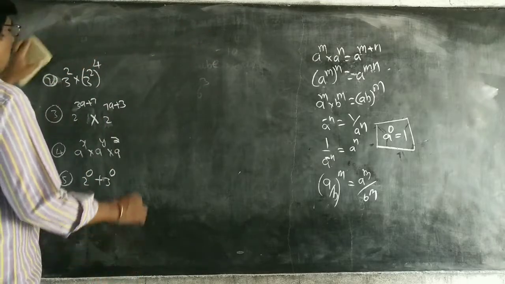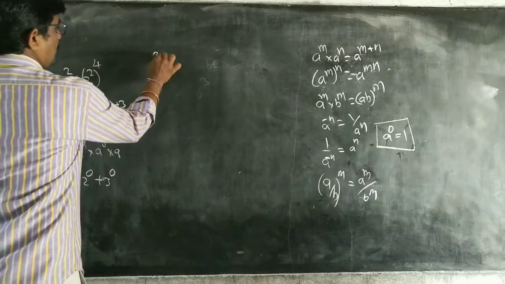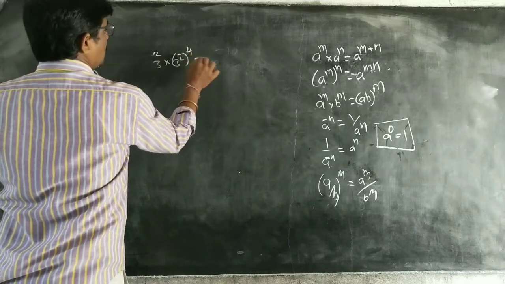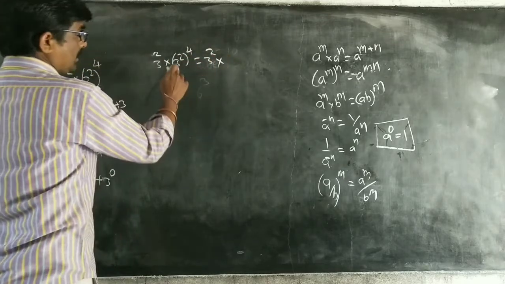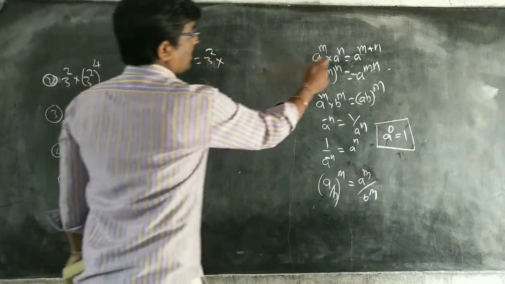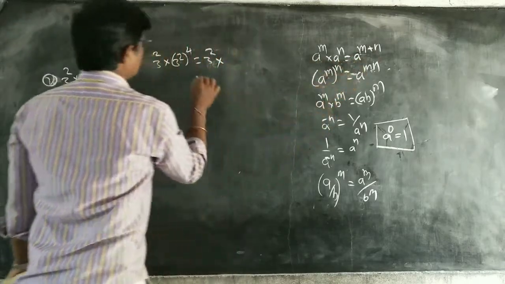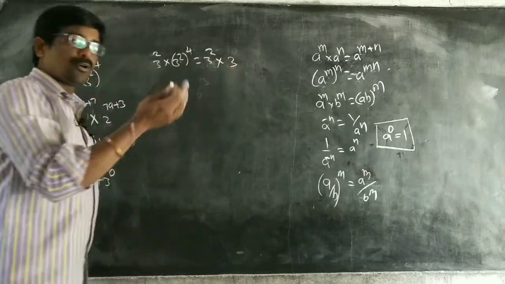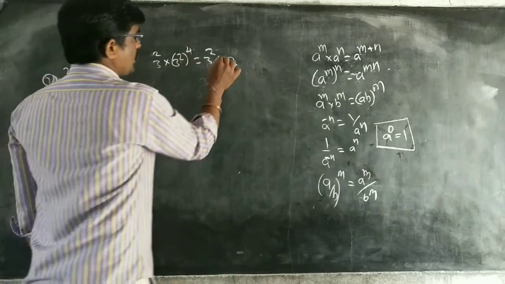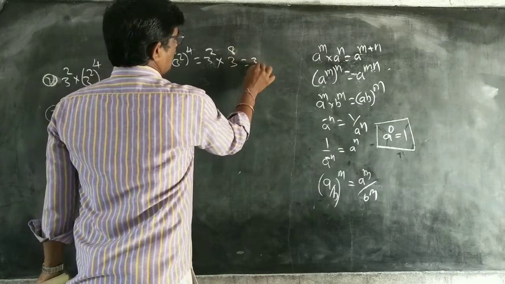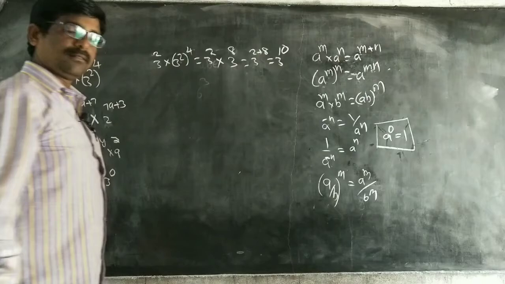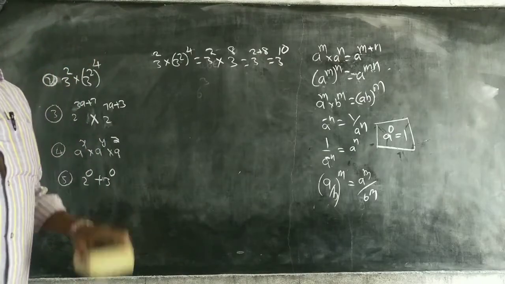Next, 3^2 times (3^2)^4. Writing it as (a^m)^n equals a^(mn), that is 3^2 times 3^(2×4), which is 3^2 times 3^8, that is 3^10.